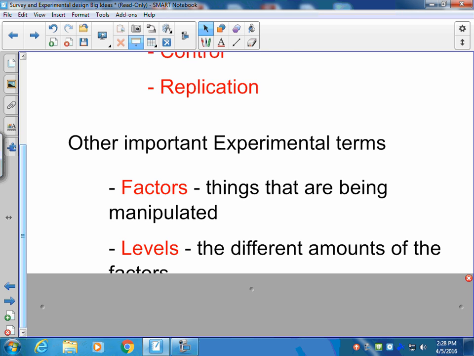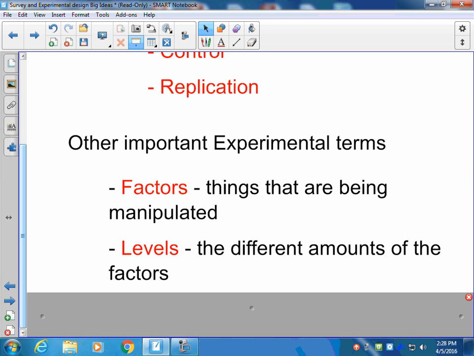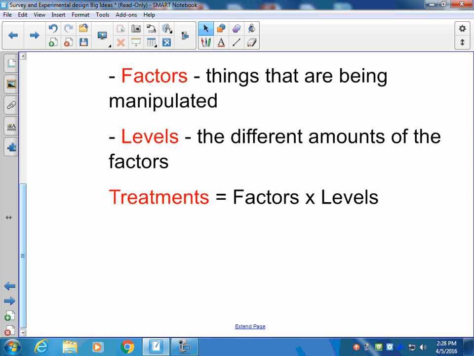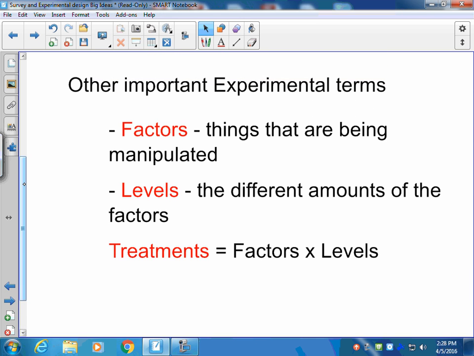Okay, other important experimental terms that you want to know and be able to use, we've got factors, the things that are being manipulated in the experiment. We've got the levels. There can be different amounts of each factor that we would have. And when we finish this up, the factors and the levels multiply together to give us the number of treatments in that experimental setting.